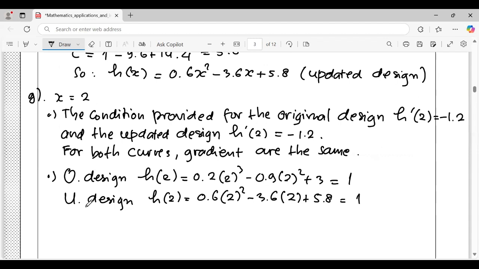So look at the result. We can state that for both curves, whether original design or updated design, they have the same height. The heights are the same.